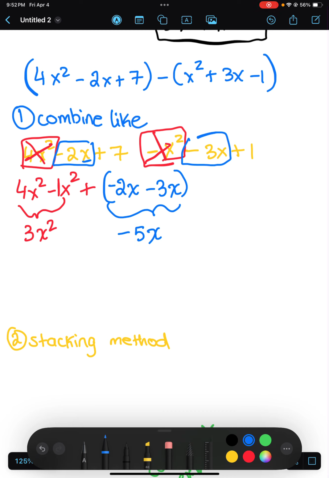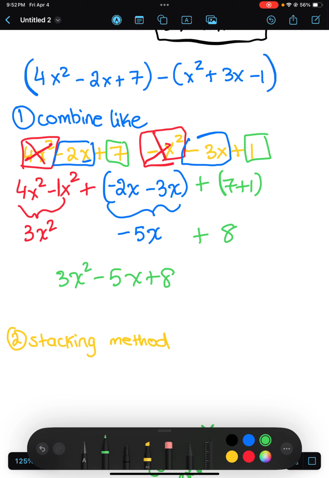And then the last one is a constant with a 7, and that can be added to a 1. So plus 7 plus 1, which is going to be an 8, okay? So then we have 3x squared minus 5x plus 8.